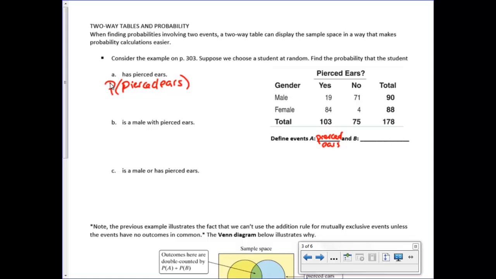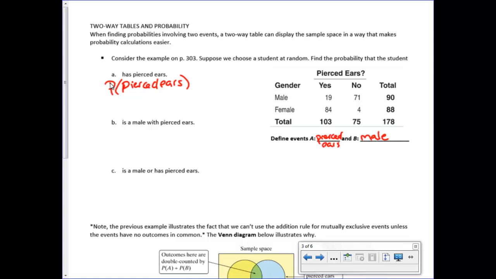And over here I also have B, which represents our genders, and specifically, as my question says, a male with pierced ears. So I'm talking about finding the probability of a male with pierced ears.